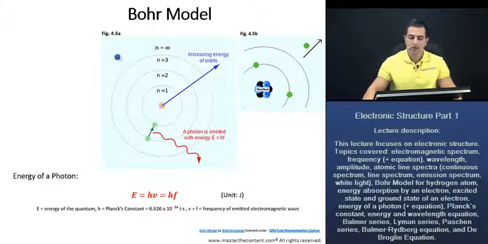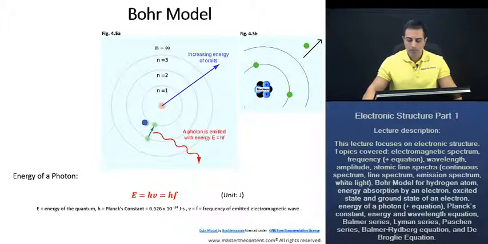Okay, now let's talk a little bit about the energy of the electrons. Coming back here to figure 4.5a, the amount of energy gained or lost by the electron has to be equal to the energy difference between the orbits for that electron to transition from one energy orbit to the next energy orbit, as we see here.